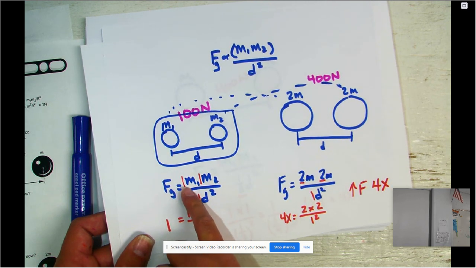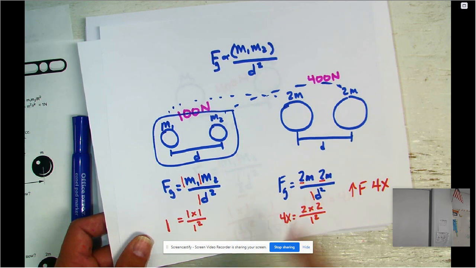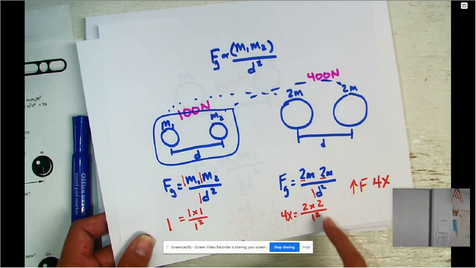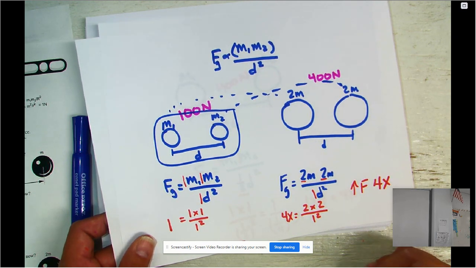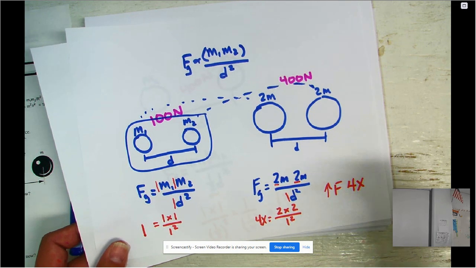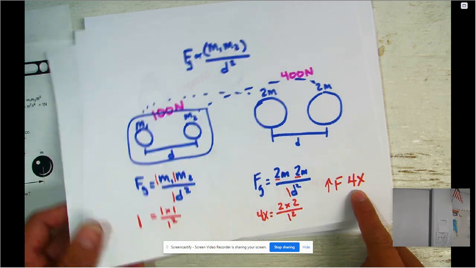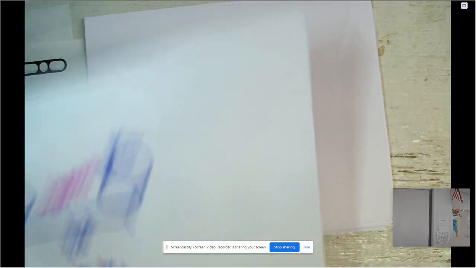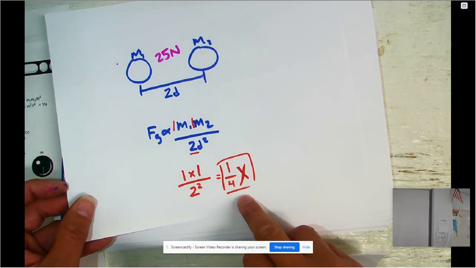If there's nothing there, it's understood to be a 1. If there is something there, then that's the coefficient that you use to solve for how much you're going to increase or decrease it by. Because your answer is not the amount of force of gravity, it's how much it changes by. So you can increase it by 4 times the amount, or decrease it to 1/4 the original amount.